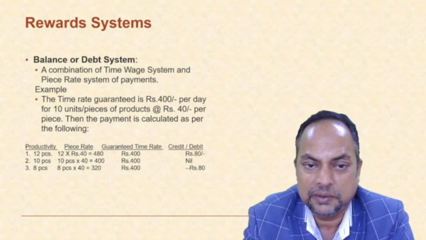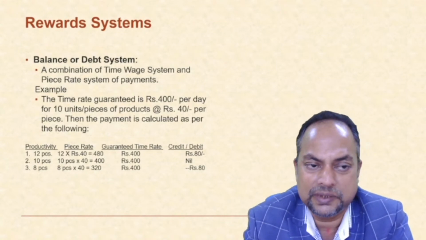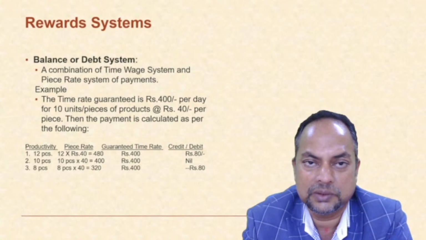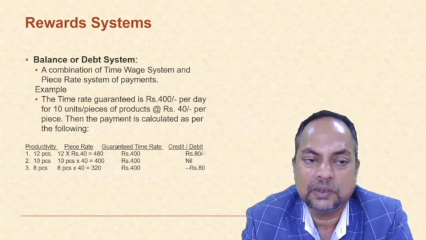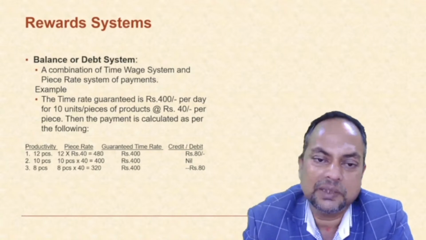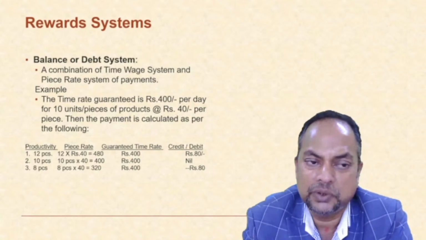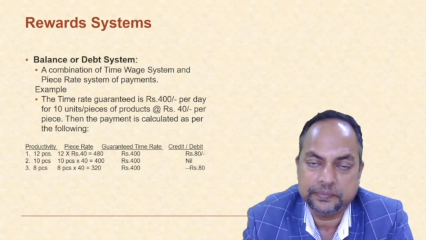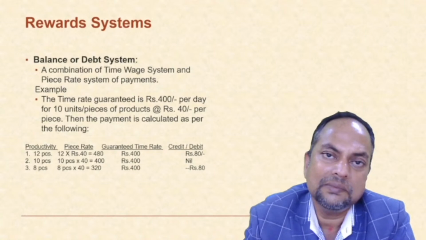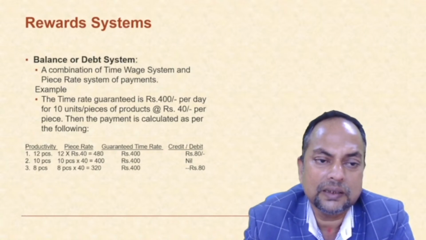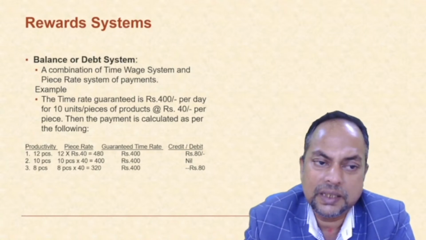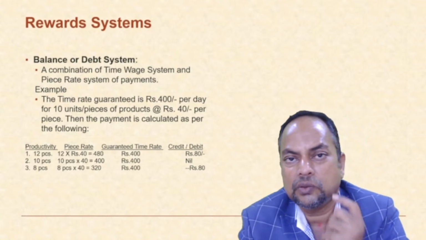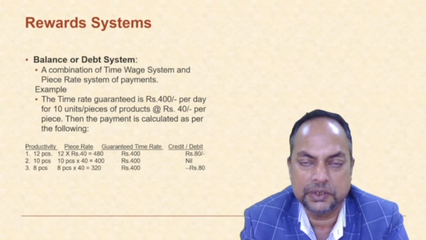So here I have given an example just to illustrate how it has to be done. Say the guaranteed time rate is rupees 400 per day. And out of the time study and motion study, it is observed that during a day, at least 10 units of that product can be produced.